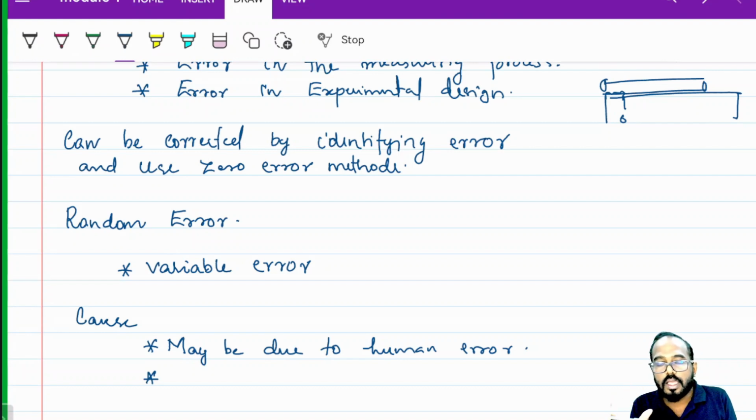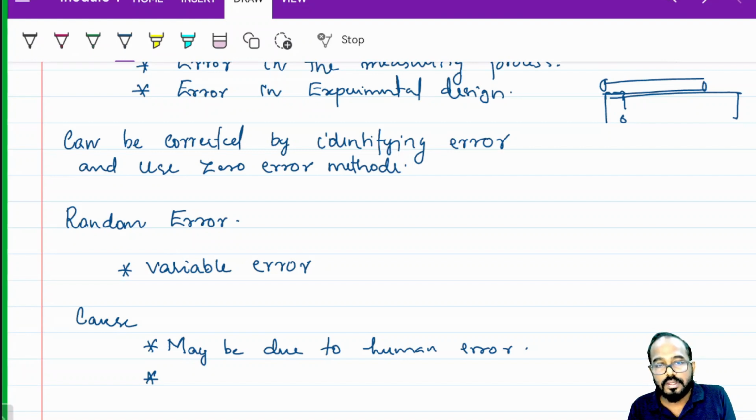If you are measuring the length of a hot rod using a steel scale, what happens? The temperature of the surroundings will change, right? If it is increasing, the metal scale will elongate, then you will get a reading higher than the actual value. If the temperature is reducing, the scale will shrink, and you will get a lower value than the actual value.